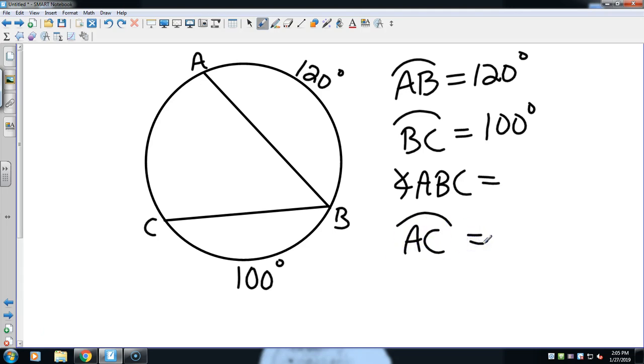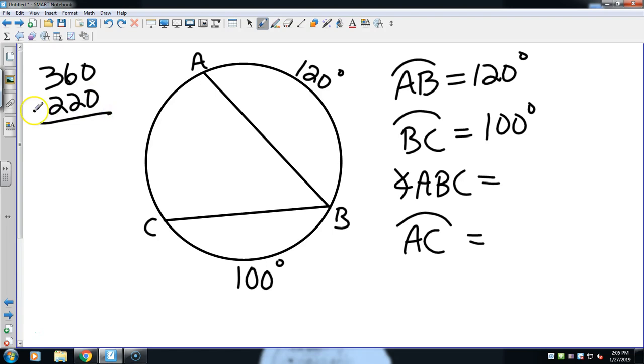And so they're both fairly simple to find. We do know that all of the degrees of a circle all the way around from A clockwise all the way back to A is 360. So if we take what we know, we've already used 220 of them by just adding arc AB plus arc BC.